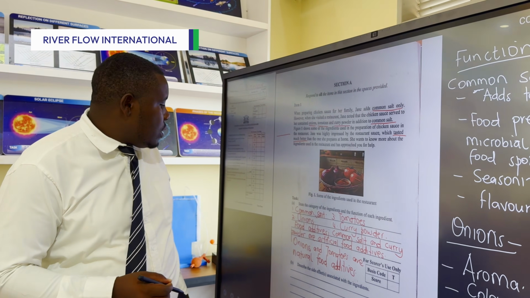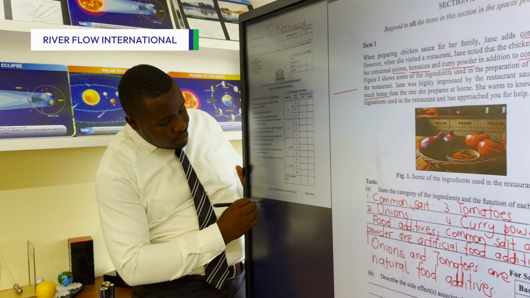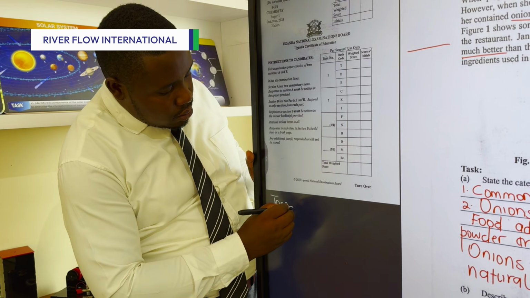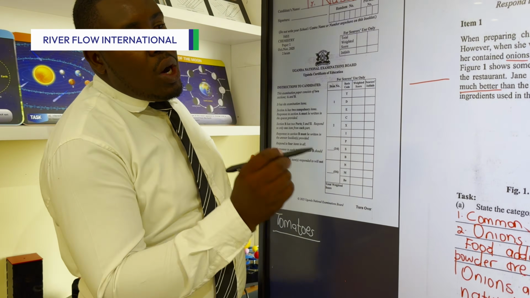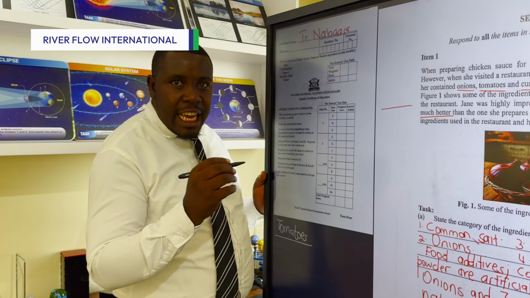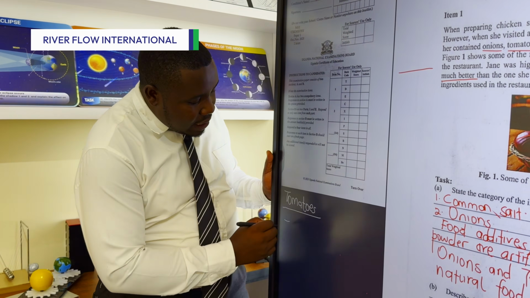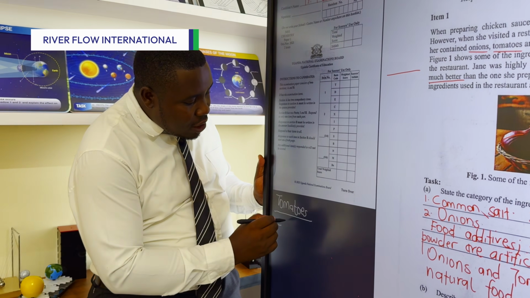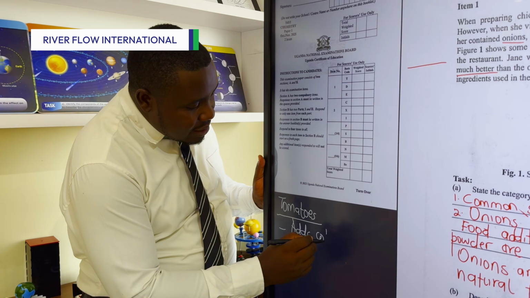Then we look at tomatoes. Tomatoes are also a natural flavoring and a natural food additive. Number one, it also adds color.